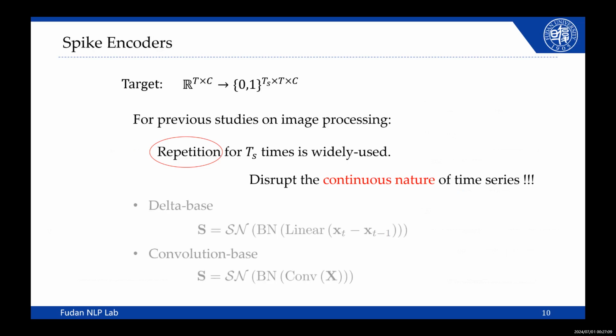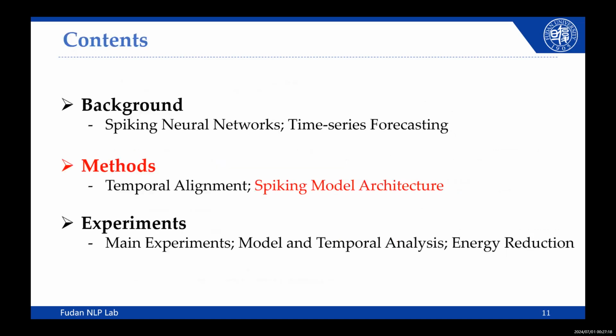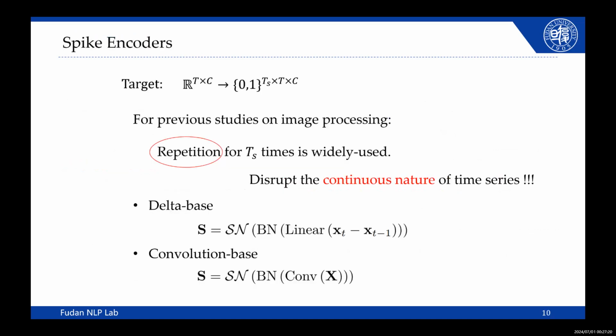So we propose two parametric spike encoding techniques, a delta spike encoder and a convolutional spike encoder. As shown in the slides, these two approaches are quite simple and effective.